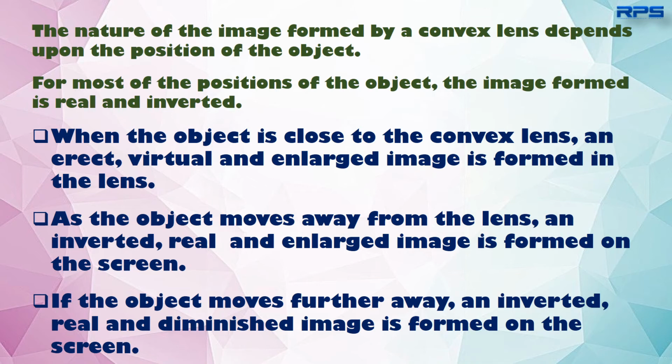When the object is close to the convex lens, an erect, virtual and enlarged image is formed in the lens. As the object moves away from the lens, an inverted, real and enlarged image is formed on the screen. If the object moves further away, an inverted, real and diminished image is formed on the screen.